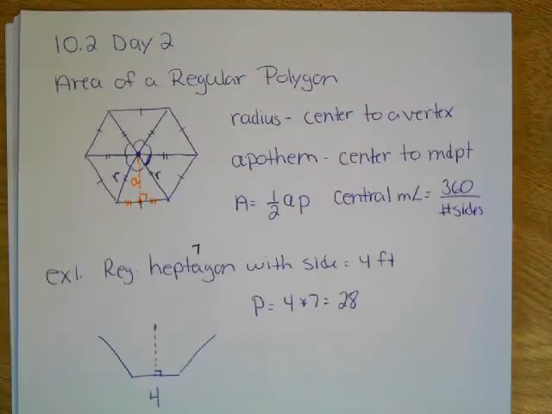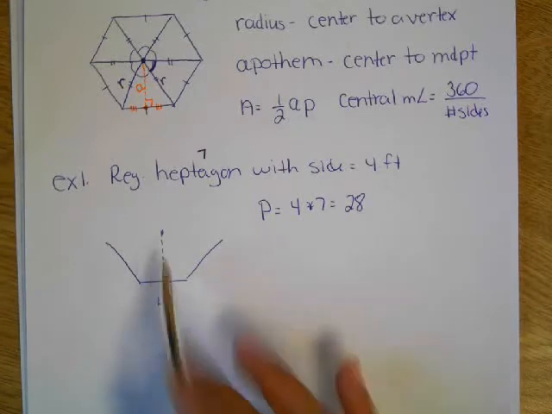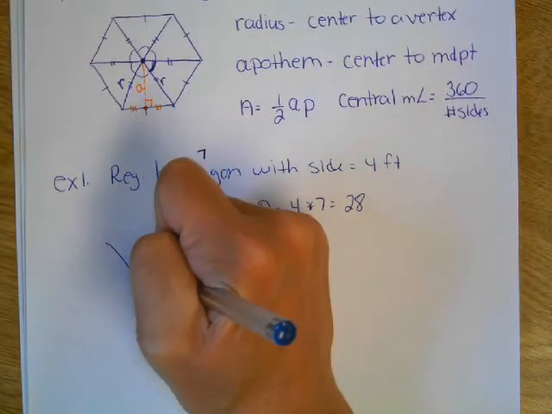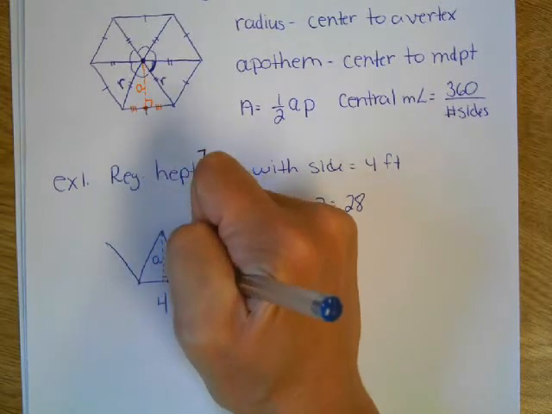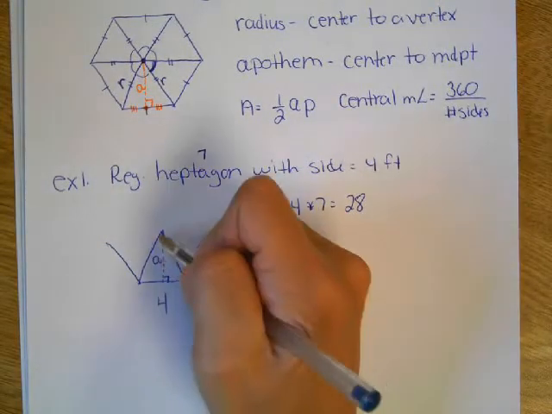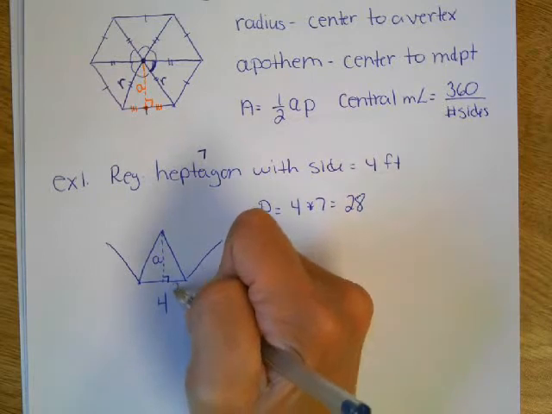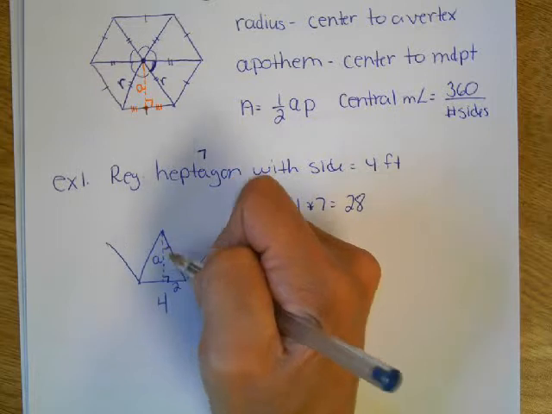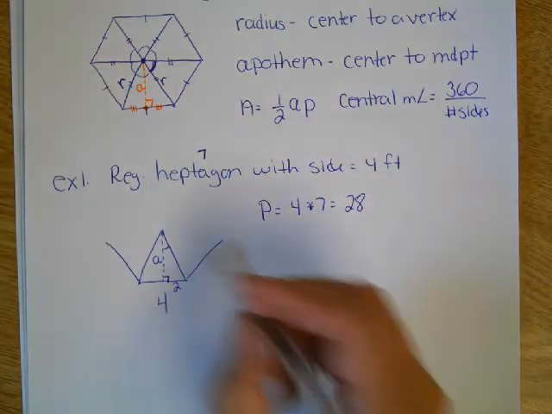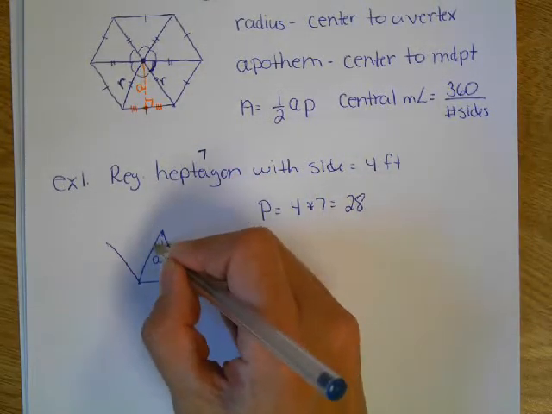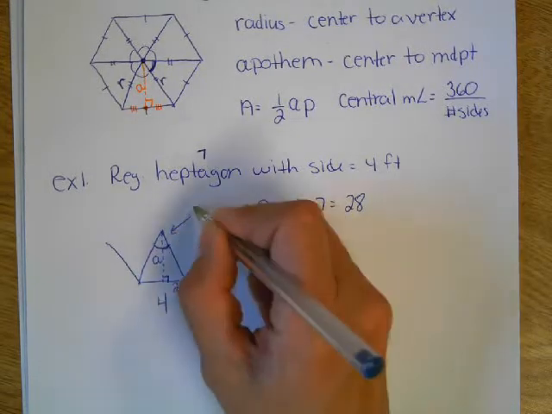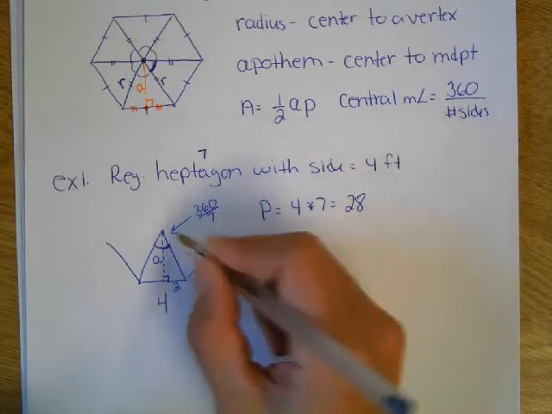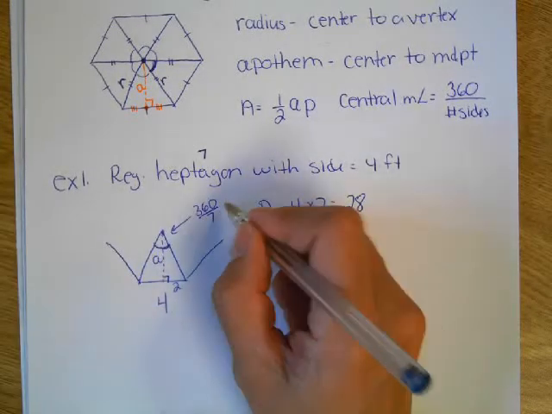Okay. So, in order for us to figure out this apothem, we're going to be doing some trig. So I'm going to draw this triangle in here. What I know about the right triangle now is this bottom piece is 2, half of the 4. I need to know this angle here so that I can set up a trig problem. Well, the big angle is 360 divided by 7, because there would be 7 triangles here all the way around.